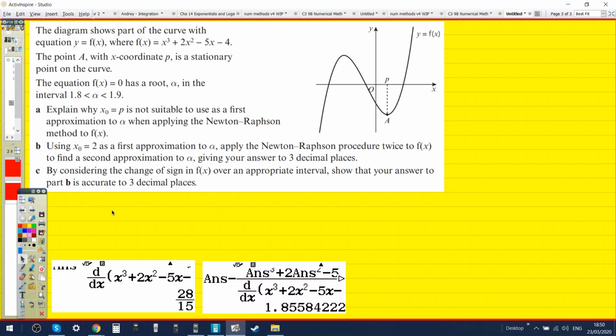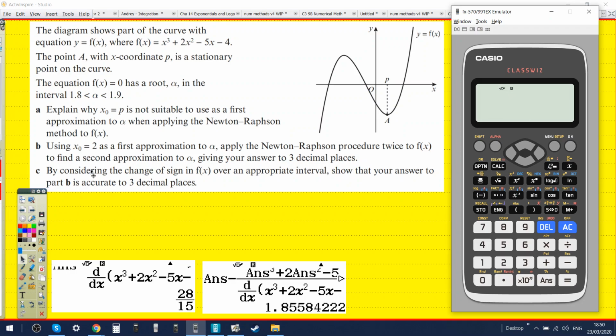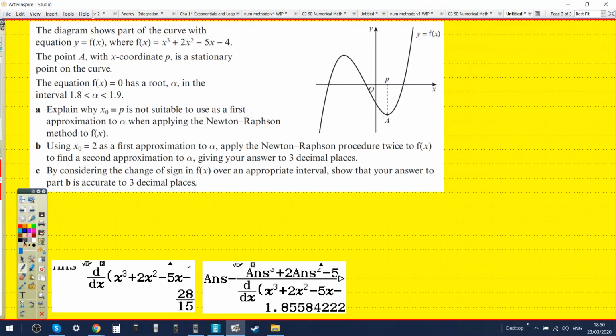I get 28 over 15. Me too. When you do the d by dx thing, do you have to have a number input? Like x has to be defined as something. Here's what I had to do.